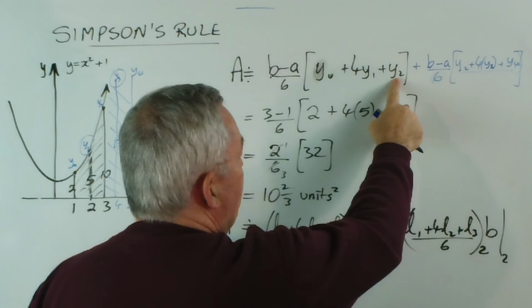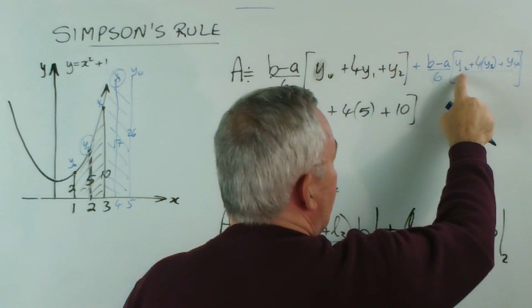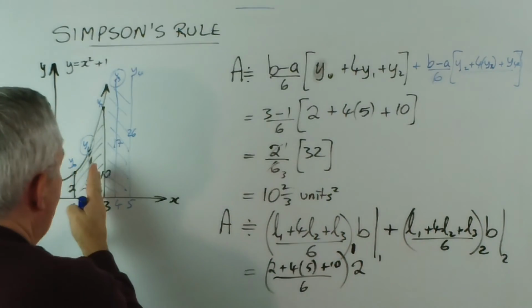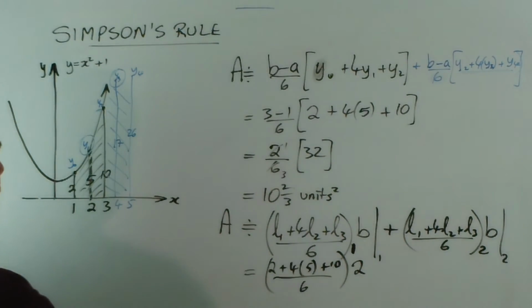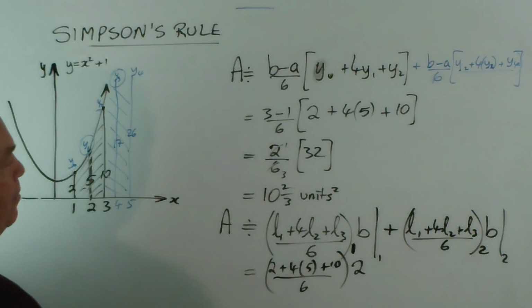Notice that y2 appears in this formula at the end, and it appears first in this one because it's on the boundary. So it's counted twice. It's counted once in this use of Simpson's Rule and once in this.